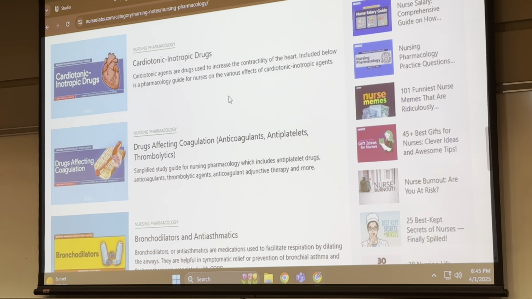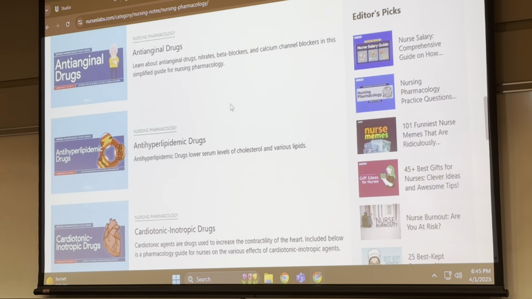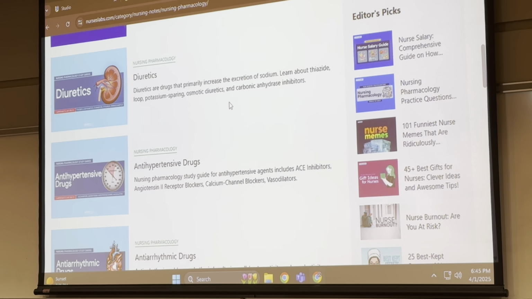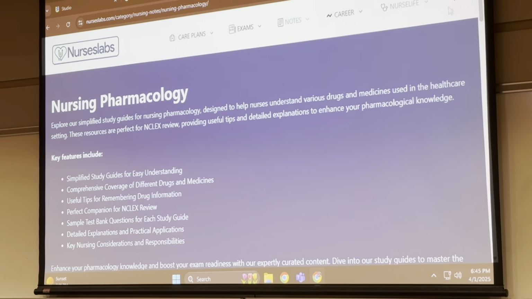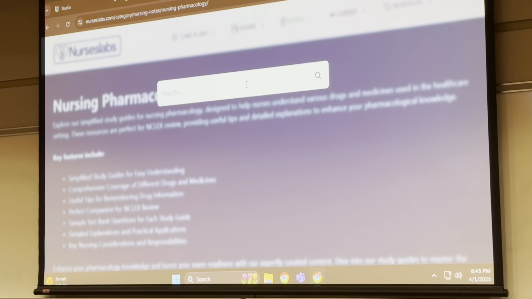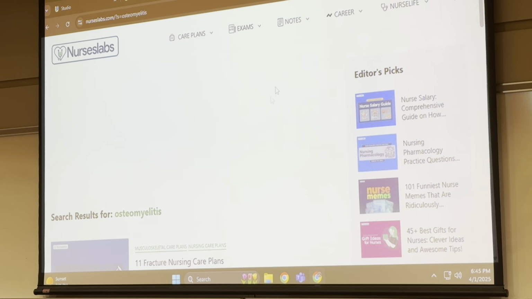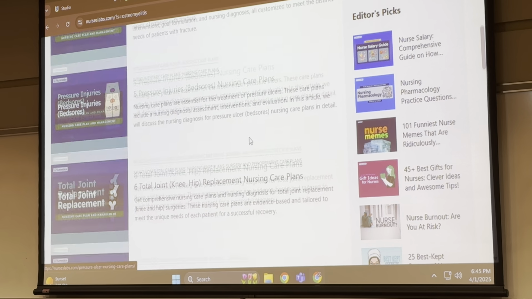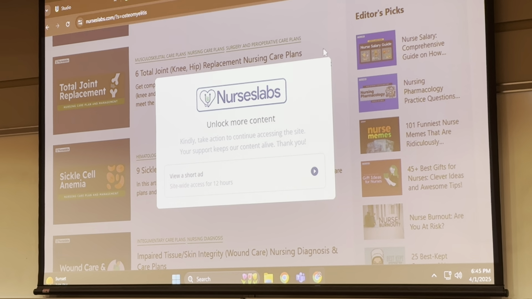That website was not great for the other material we just tested on. Give me something. Let's do osteomyelitis. Looking, there does not appear to be anything for osteomyelitis.